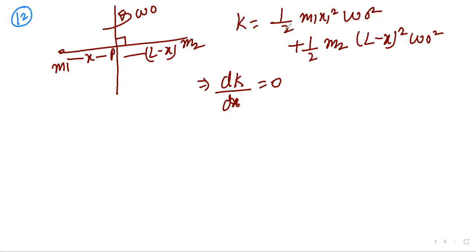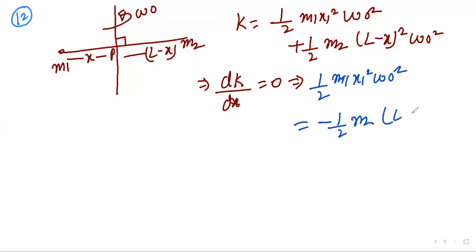So this will imply that 1 upon 2 M1 x1 square omega naught square will become equal to minus 1 upon 2 M2 L minus x square omega naught square, right? So 1 upon 2 gets cancelled, omega naught square gets cancelled.